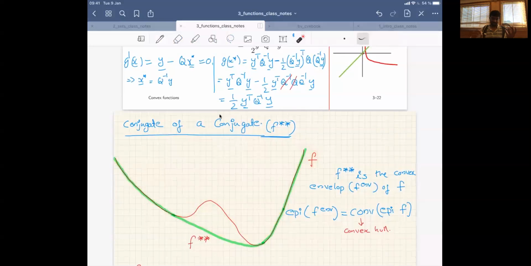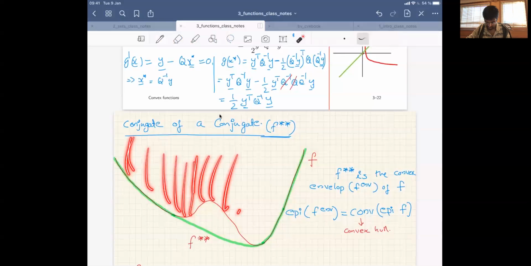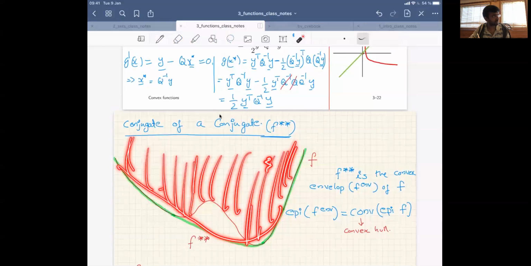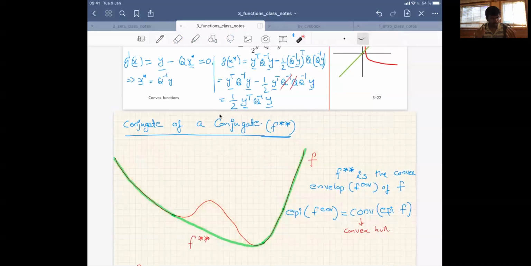Okay, so what you said is correct, but in that case you have to consider this set, and then take the convex hull of this. What is this set? It is the epigraph of the function, right? So you take the epigraph, then take the convex hull. Then you will get a new set, and the function corresponding to that new epigraph will be the conjugate of the conjugate.